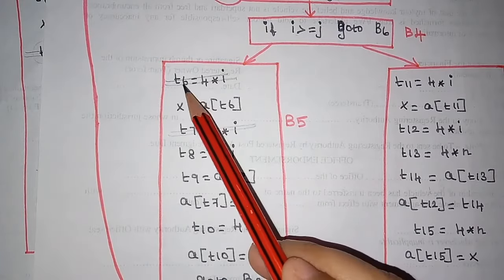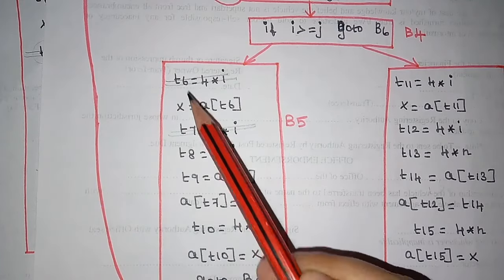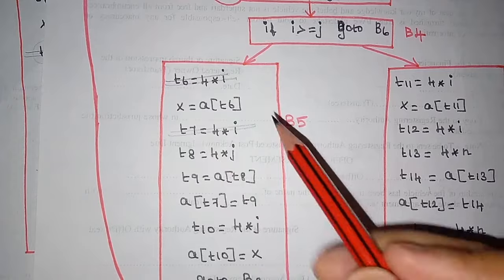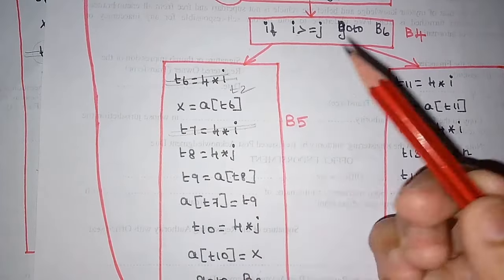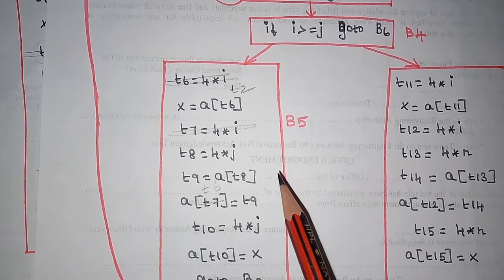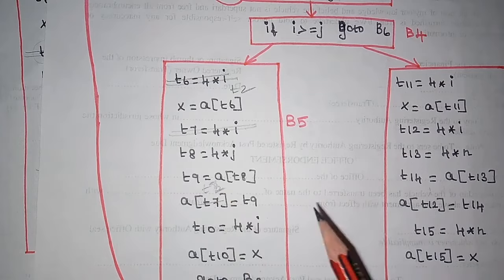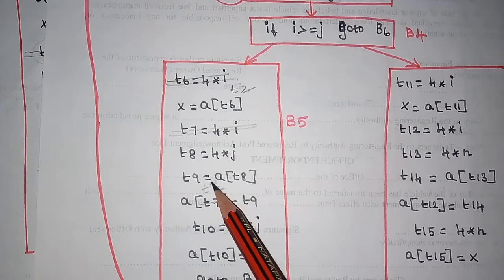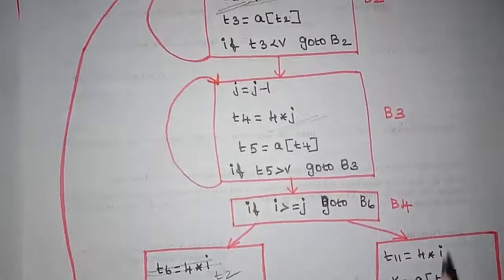Wherever we have T6 and T7, we can replace them with T2. So we can replace T6 with T2 here, and T7 also with T2.